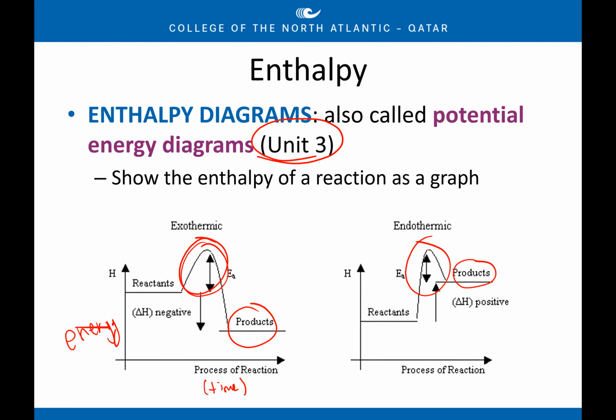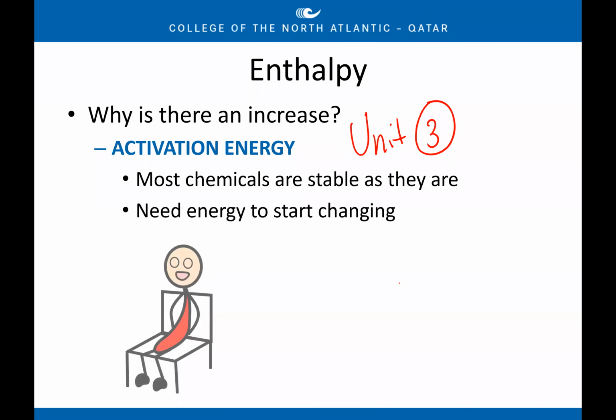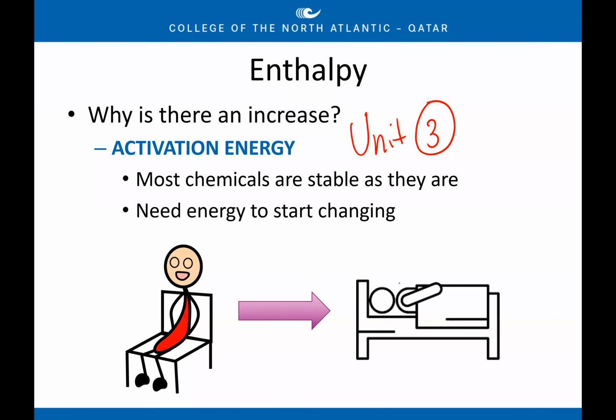So even though there's a lump in all of these, you can't say they're endothermic. Yes, they all need energy to get started, but the terms exothermic and endothermic are referring to the final product. It doesn't matter what happens in the middle. Perfect. I'm glad it makes sense there.